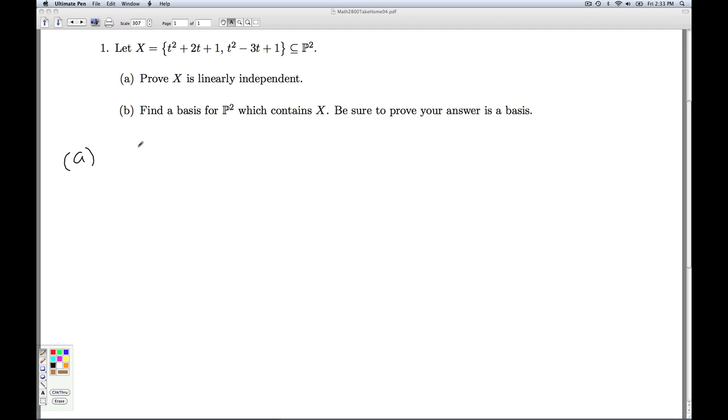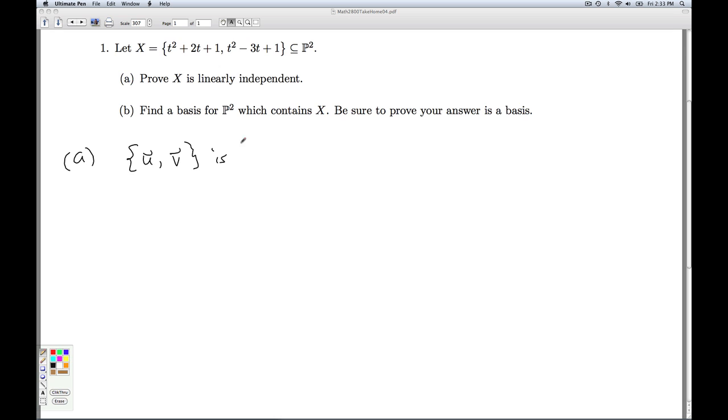Or we could use the fact that we only have two vectors here. For a set of two vectors to be linearly dependent, we know that only happens when one is a linear combination of the other. Well, what does it mean for one to be a linear combination of the other in this case? It means one is a multiple of the other.